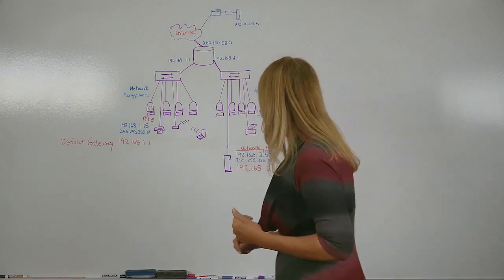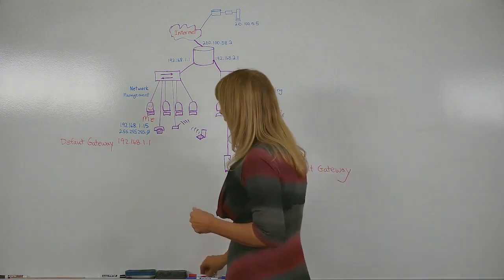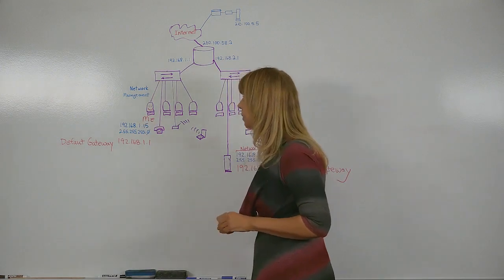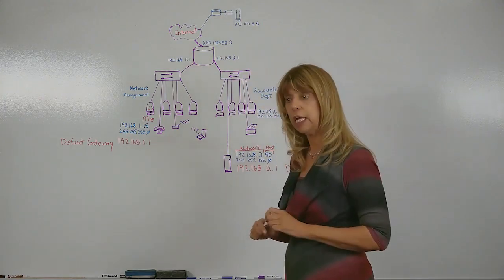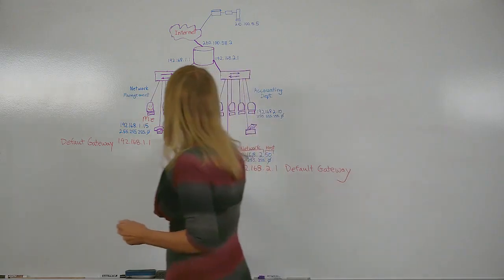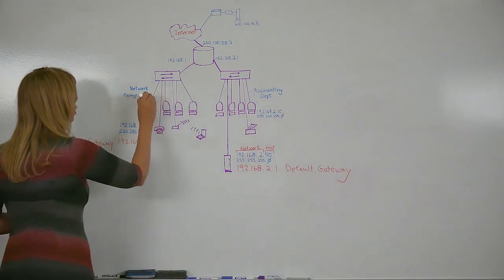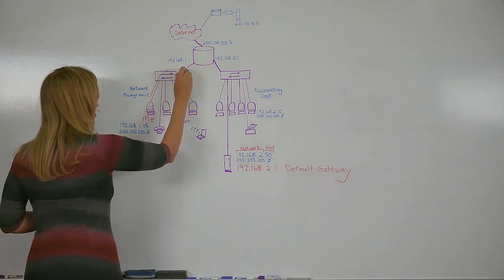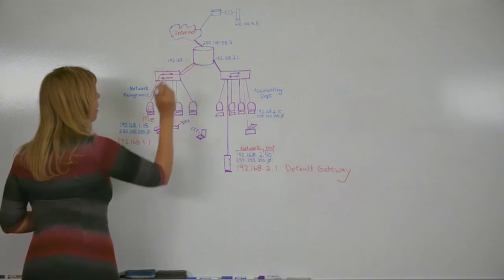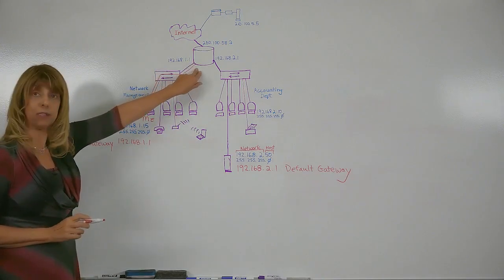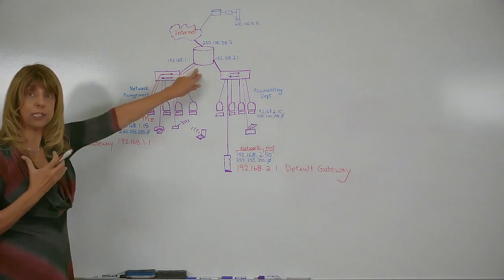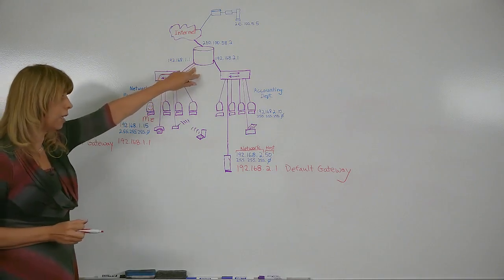Basically, if we were to look at me over here in the network management department, and if I was trying to reach a server that was out on the internet, my traffic would travel up through my switch and end up at the address assigned to the router interface closest to me on the path to the internet.